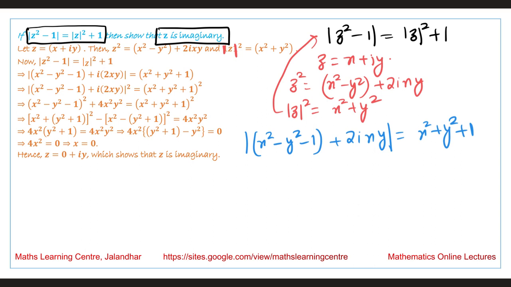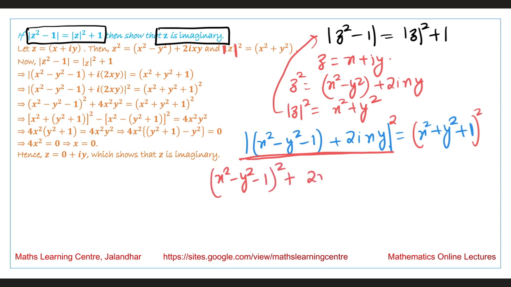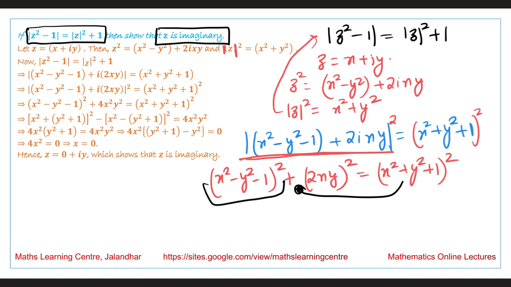Now if we square both sides of this equation, we have x square minus y square minus 1 whole square plus 2xy whole square, that is equal to x square plus y square plus 1 whole square. To solve this equation, we are shifting this term on this side.